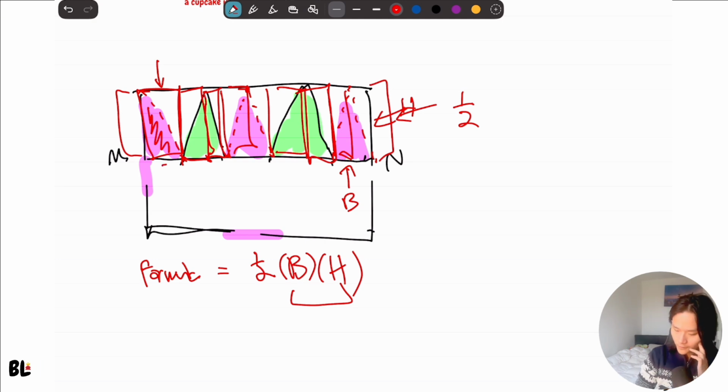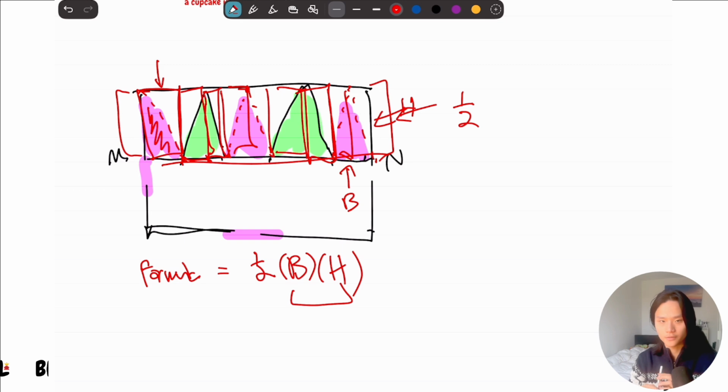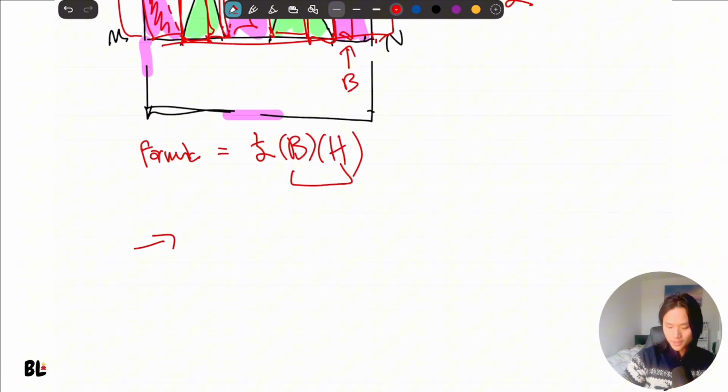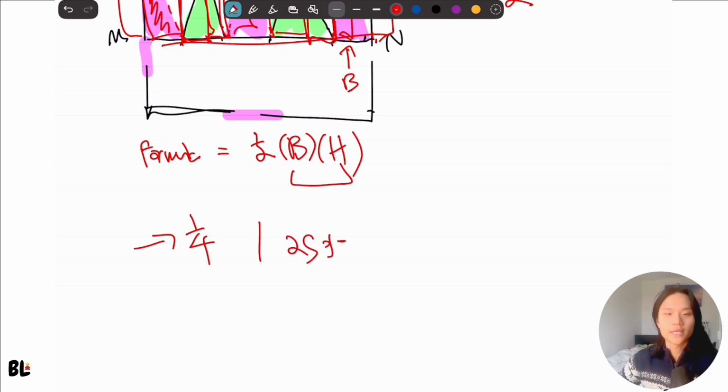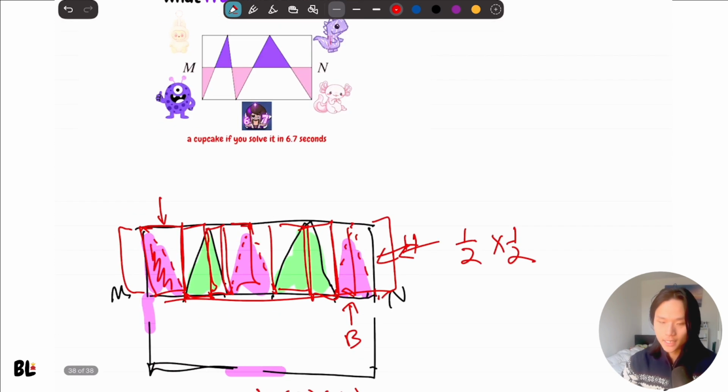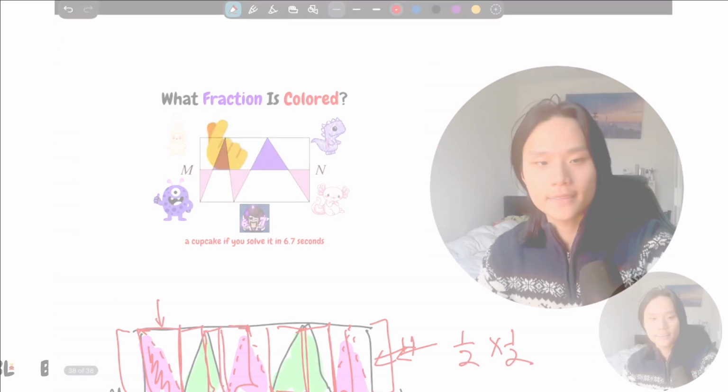So all of these triangles on the top are literally half of the whole thing. So all the triangles are now half times a half, which is a quarter. Or you can use percentage. So 25% of the whole rectangle is colored, and that's our answer.